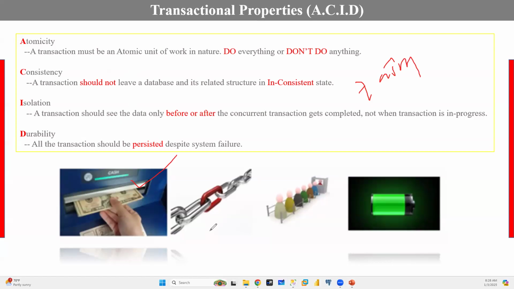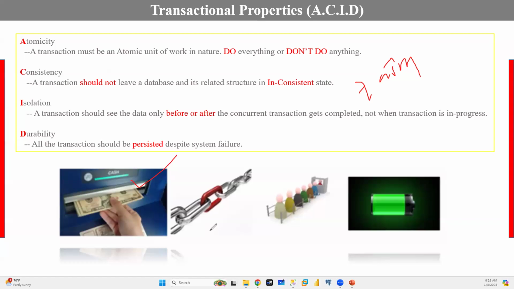Unfortunately, the money did not come out of the machine, but your money got debited from the account. You haven't received any cash, maybe because there is a fault in the machine or a network glitch, but the amount got debited from your account.